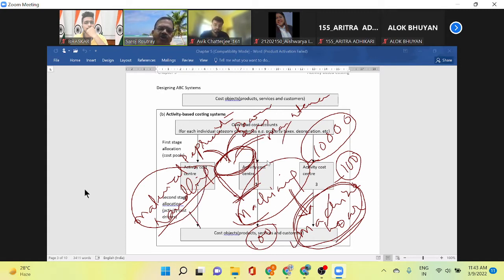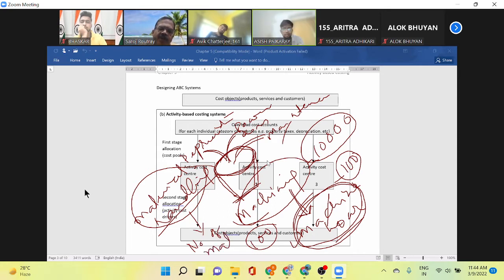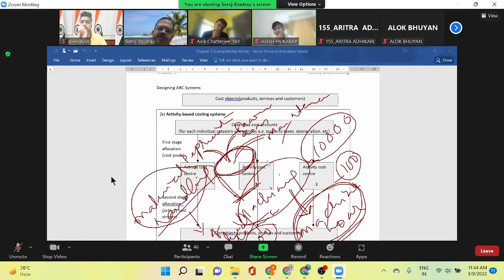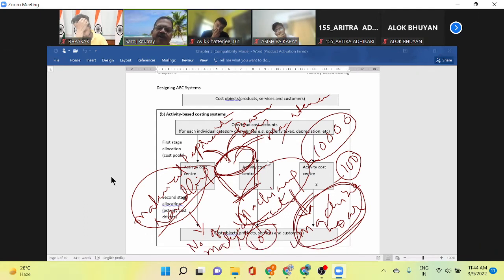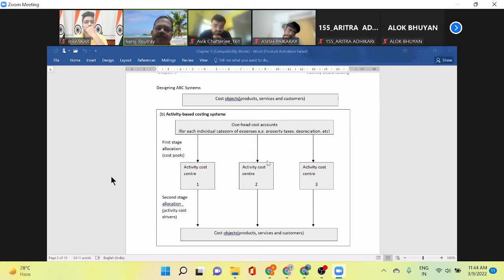It depends on the number of material requisitions. They have to get all the material in place and then send it to the production department. So it depends on the number of material requisitions.